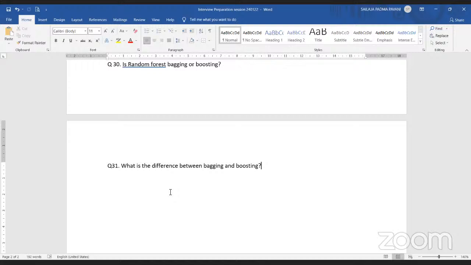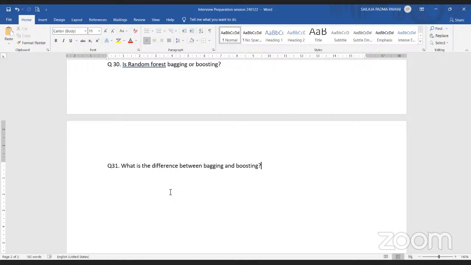In case of bagging, what is the main motto for us? It is to reduce the variance of the predictions.